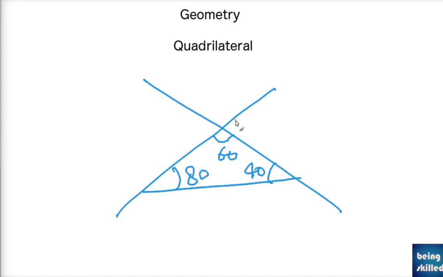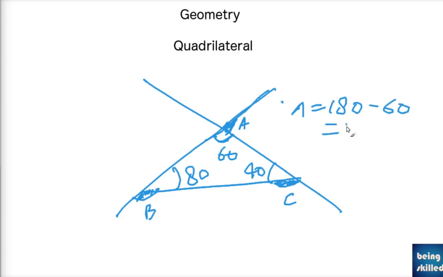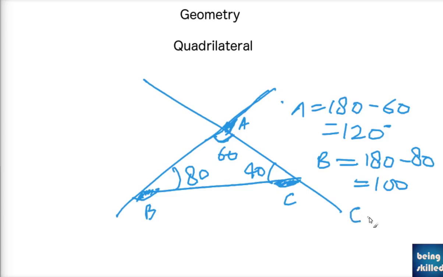We have to find this particular angle, let's say angle A, angle B, and angle C. Since this is a line segment, if this angle is 180, then angle A equals 180 minus 60, which is 120 degrees. B equals 180 degrees minus 80 degrees, which is 100. And then we have C, which equals 180 minus 40, which is 140 degrees.